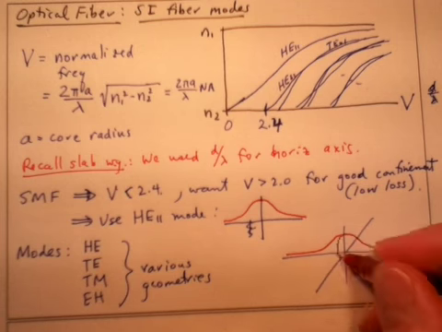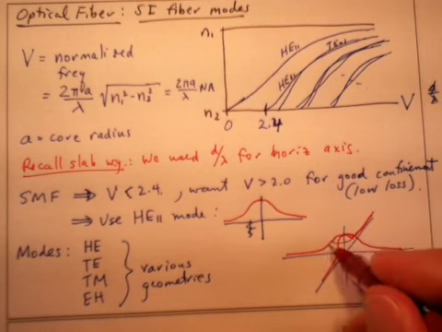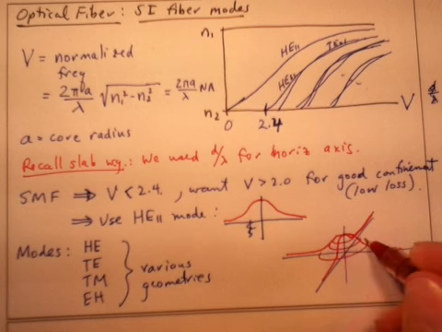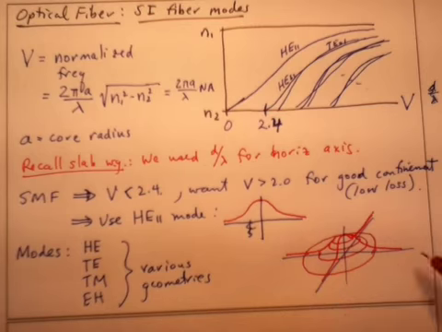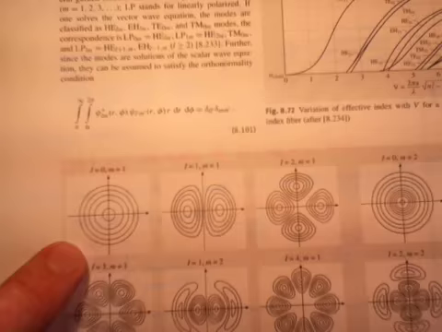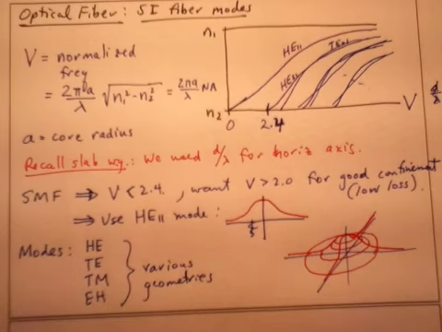And I can draw the Gaussian profile in the other direction also. And that's where these circular mode contours come from. So those are those circles.